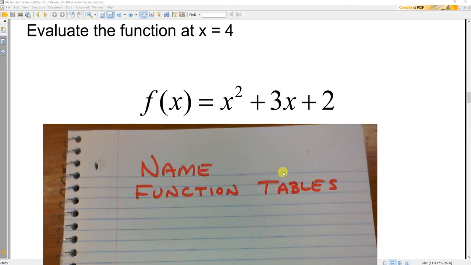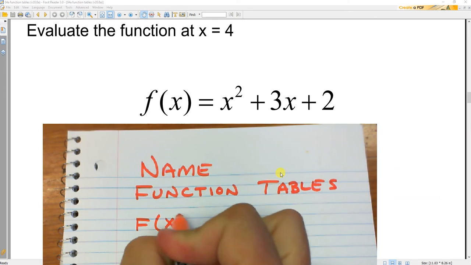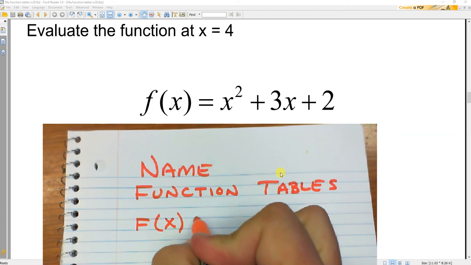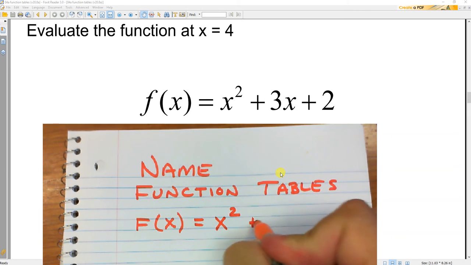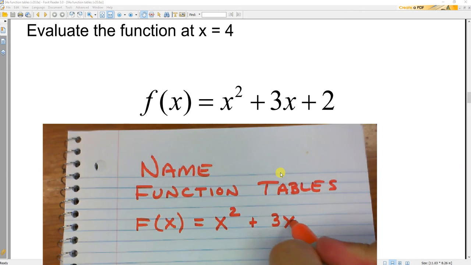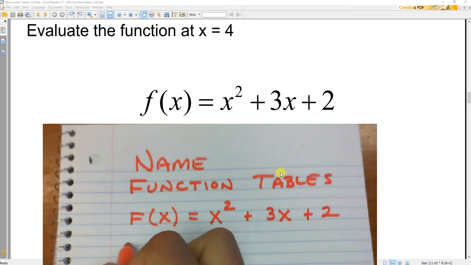So we're going to evaluate this function, f of x equals x squared plus 3x plus 2. And I'm going to ask you to find f of 4.